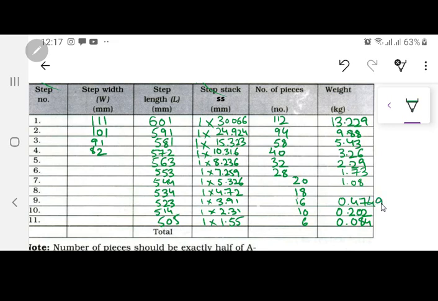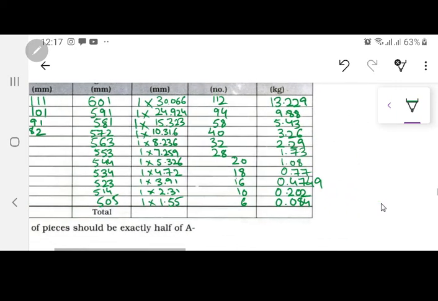So, next. Last one please. This is actually the 8th step. 0.77. Okay, add all these.